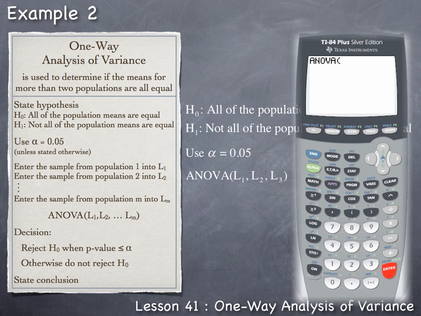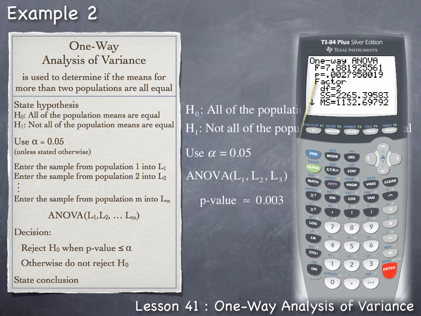Press Enter to select, and then enter in the lists of data, starting with second 1 for list 1, comma, second 2 for list 2, comma, second 3 for list 3. Close parenthesis, Enter, calculates the p-value for our test. And rounding the p-value to 3 places after the decimal, we see that the p-value is approximately 0.003.